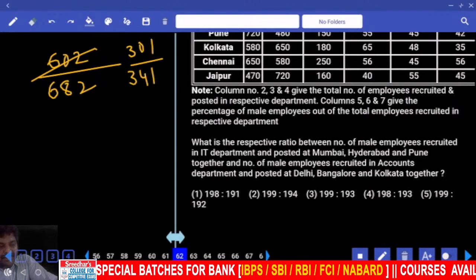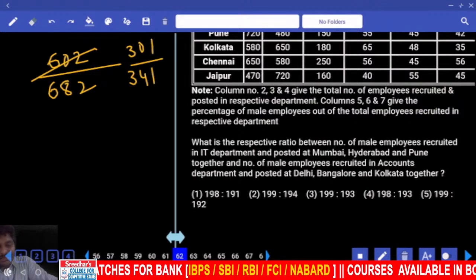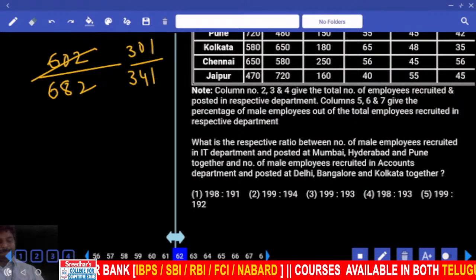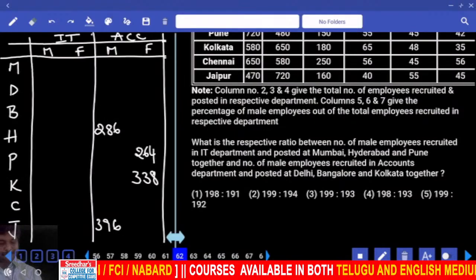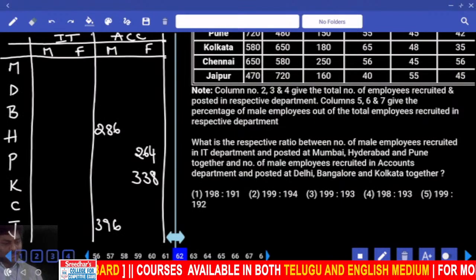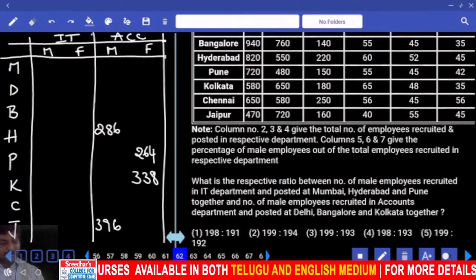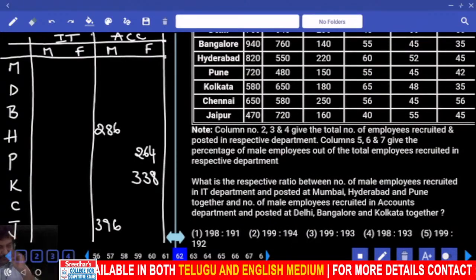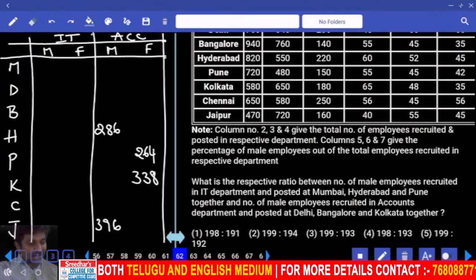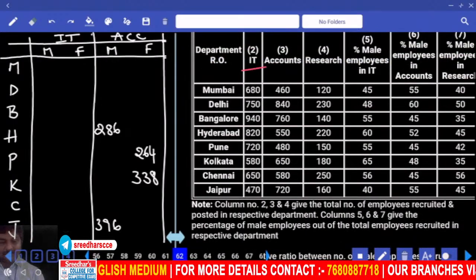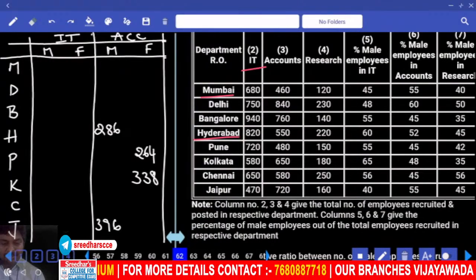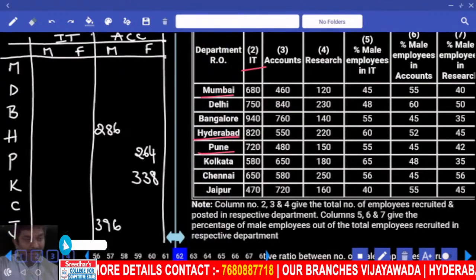What is the respective ratio between the number of male employees recruited in IT department posted at Mumbai, Hyderabad, Pune? IT, male, Mumbai, Hyderabad, Pune.